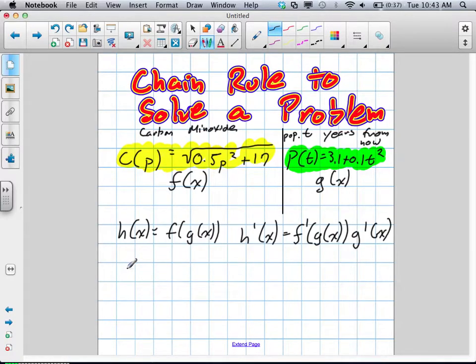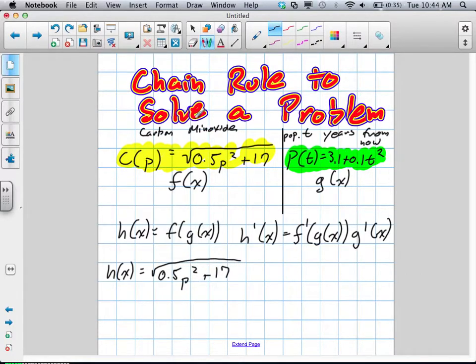So when we go to do that, we have to derive our outside function. I'm going to leave the first function, our f of x in this case. I'll write it as a function: our h of x is equal to technically just this here, the root of 0.5 p squared plus 17.